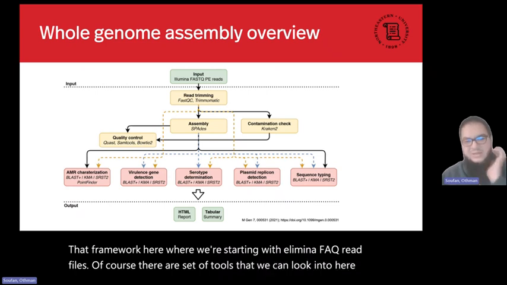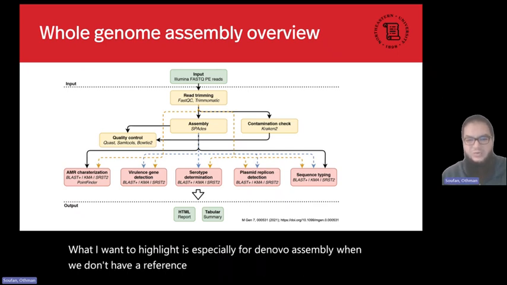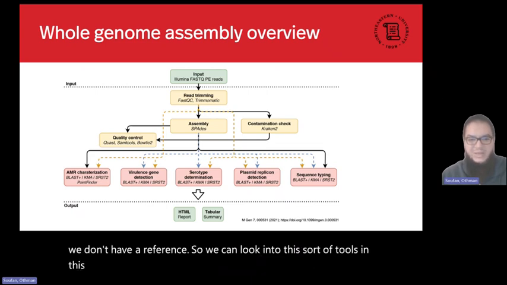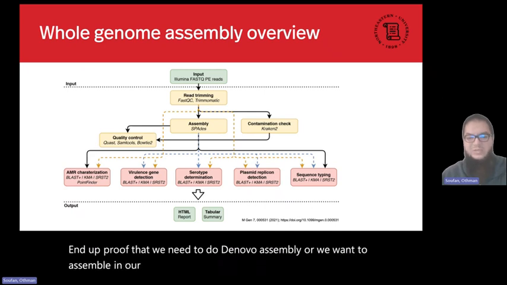What I want to highlight is, especially for de novo assembly, when we don't have a reference, we can look into these sort of tools in this case. So what if we need to do de novo assembly, or we want to assemble in our lab and we don't have a reference genome?